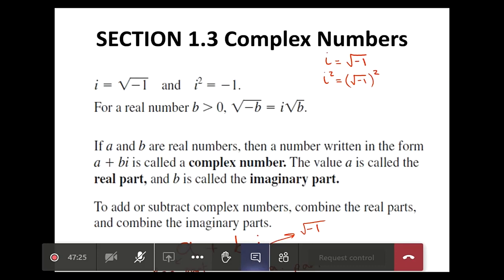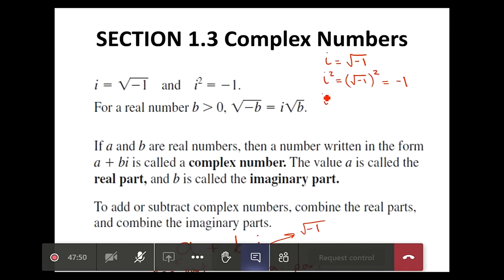We can remove the square with the radical, so this is equal to -1. So if we have a square equal to a negative, we have a complex number, not a real number.